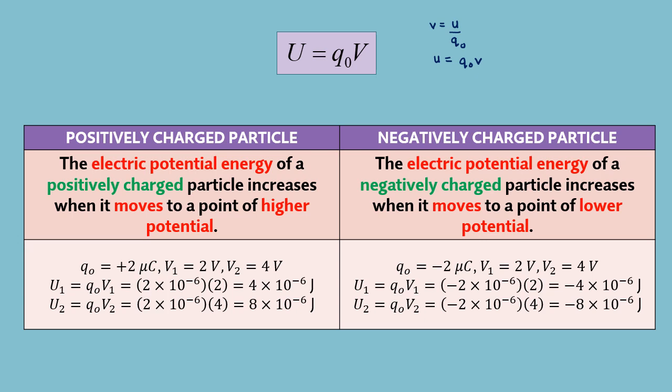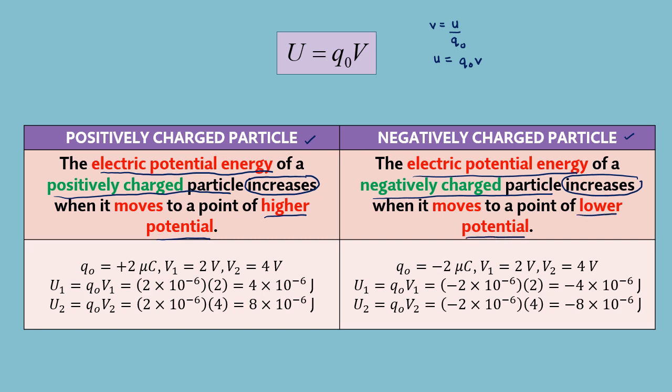First, if a positively charged particle is used, the electric potential energy of a positively charged particle increases when it moves to a point of higher potential. While if a negatively charged particle is used, the electric potential energy of a negatively charged particle increases when it moves to a point of lower potential.